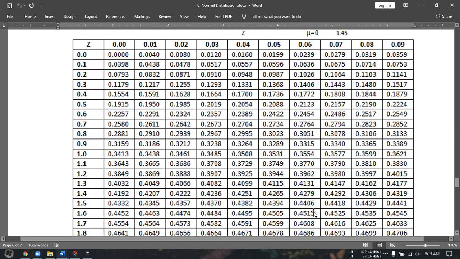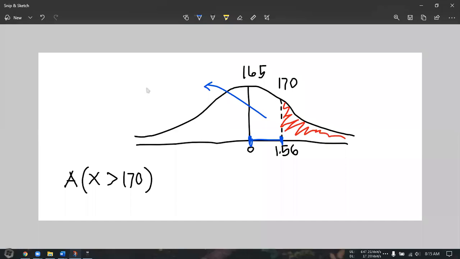So this is what we are looking for. 0.4406. So the area from the mean 165 to 170 is 0.4406.